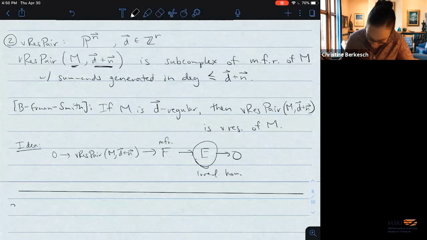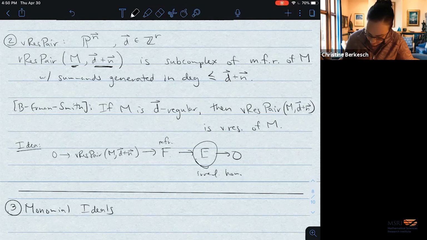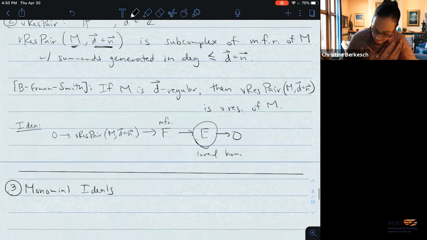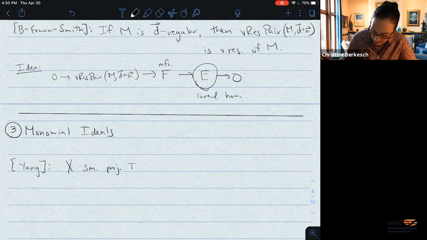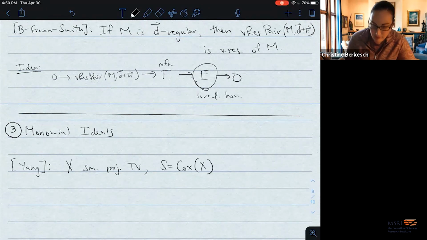So next, I want to look at monomial ideals and just tell you some other recent work that's been done. J. Yang has the following. So now in arbitrary X, we can get a sort of Hilbert-Syzygy theorem, a virtual Hilbert-Syzygy theorem for monomial ideals.